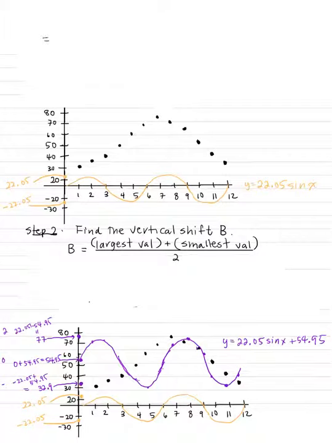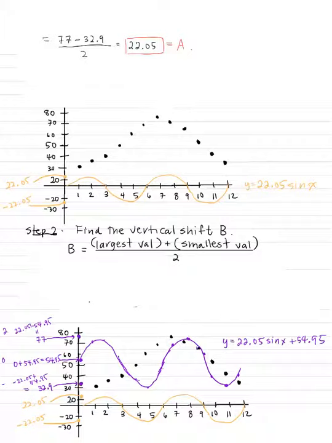What is the biggest data value? Is it 77? Then minus the smallest, 32.9, whole thing divided by 2. So 22.05. Looks like that's going to be our amplitude A.